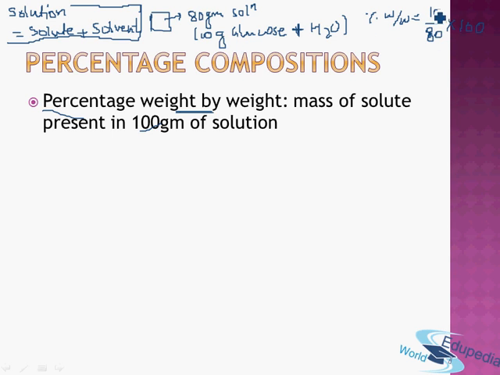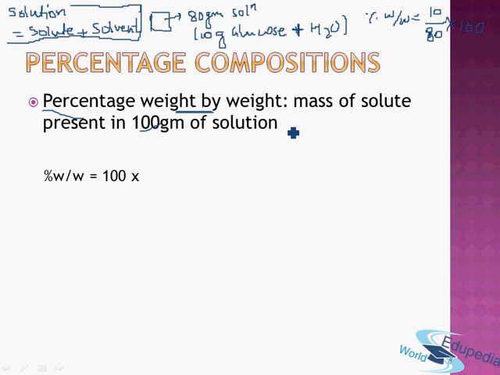So 10 by 80 represents the amount of glucose present in 1 gram of solution, and when I multiply it with 100, I get the amount of glucose present in 100 gram of solution. So this concentration unit, percentage weight by weight, always represents the amount of solute present in 100 gram of solution. Okay, so you can have a simple mathematical formula for calculation.